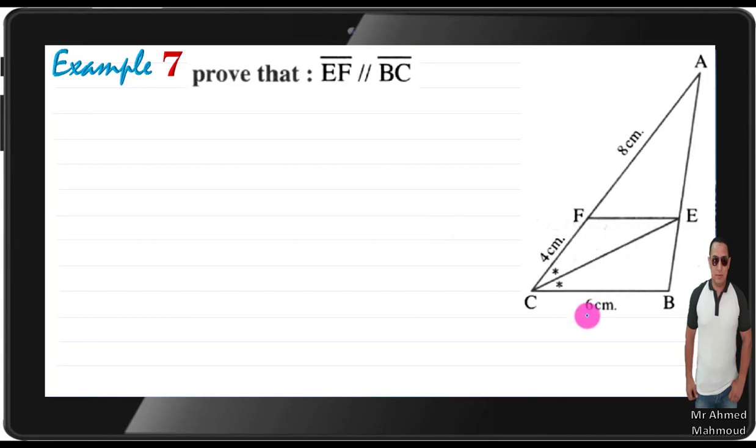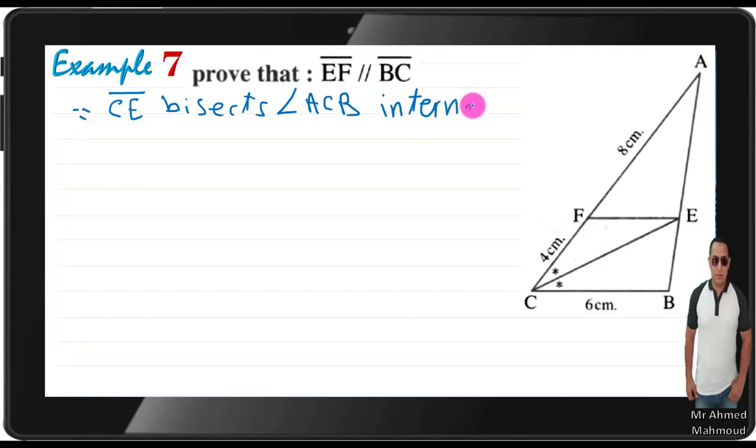Okay, here since CE bisects angle ACB internally, therefore AE over EB equals AC over BC.